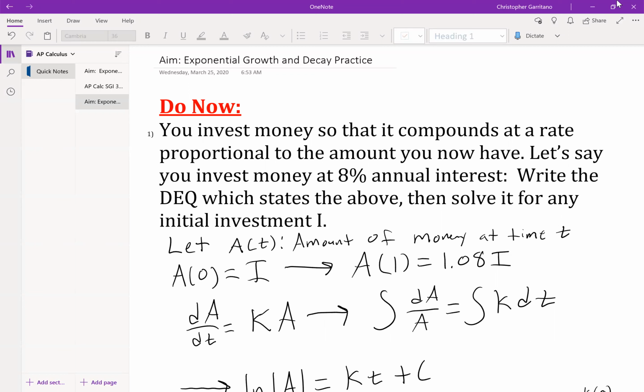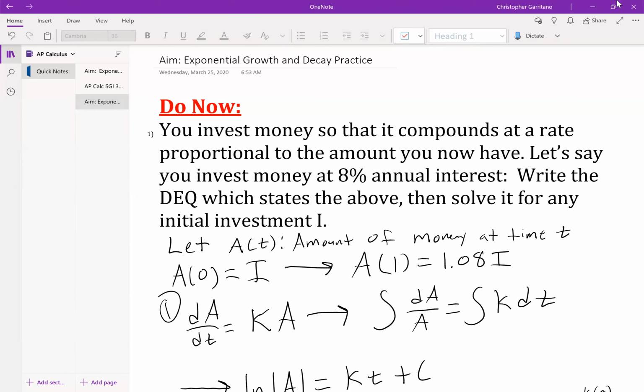We start with the differential equation, and this is again from that very first sentence, which says the amount of money you have compounds at a rate proportional to the amount you now have. So the rate of change in my amount over time is equal to some k times the amount I have at that particular time.